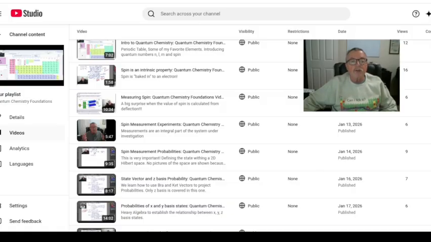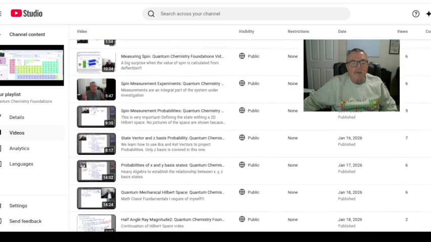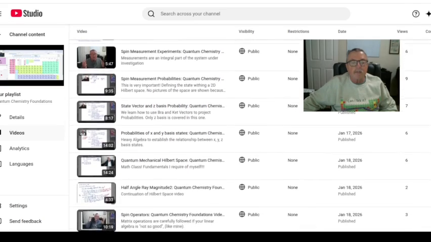We just introduced it, and guess what? We talked about spin in that very intro. Then there's spin, spin, spin, and then state vectors. We started focusing on that and the different measurement bases.